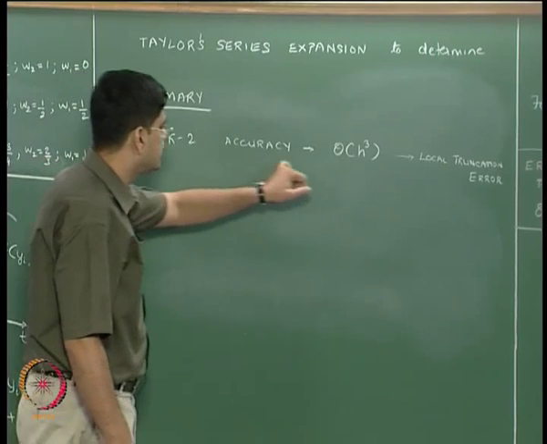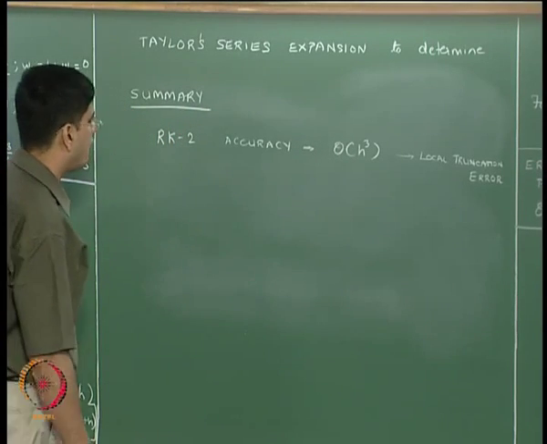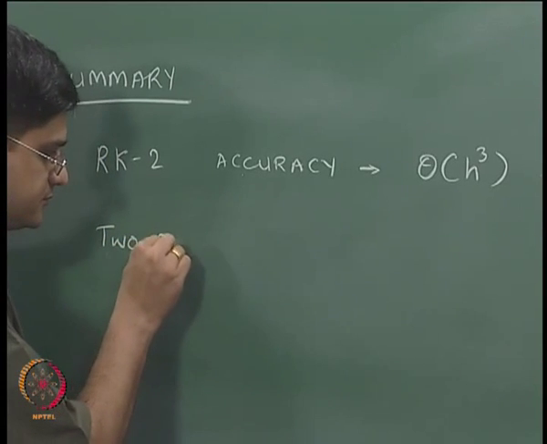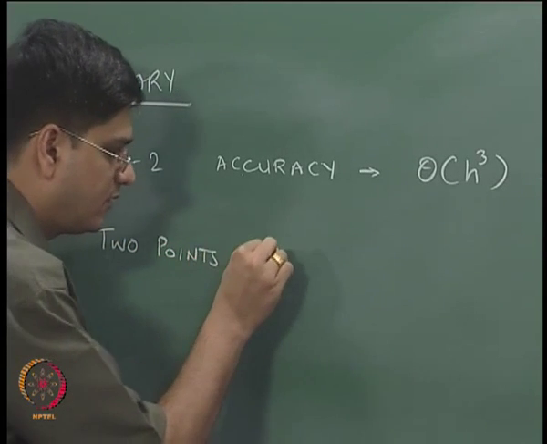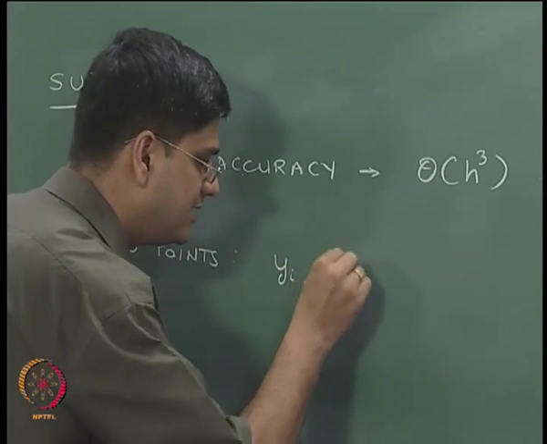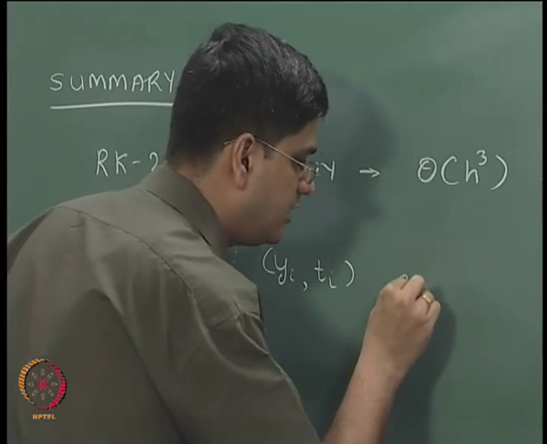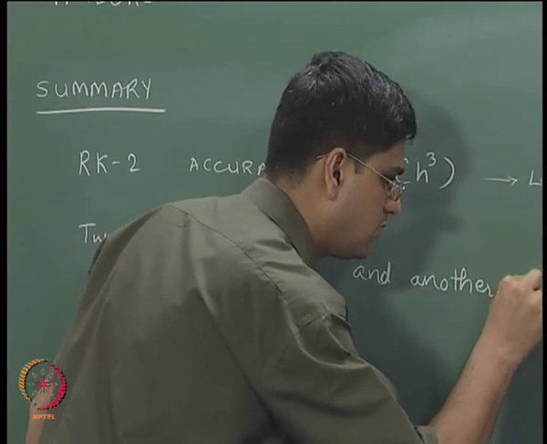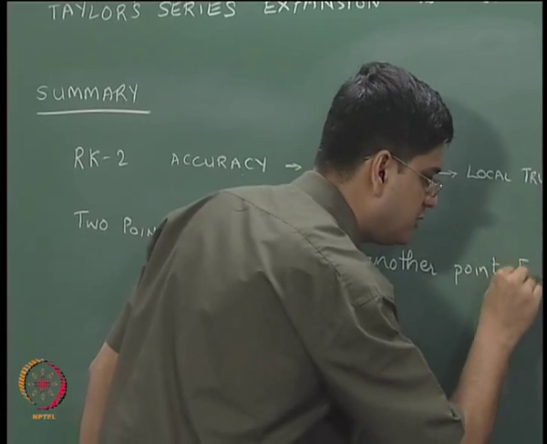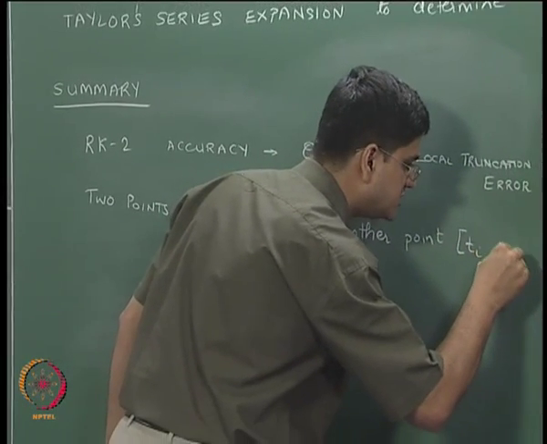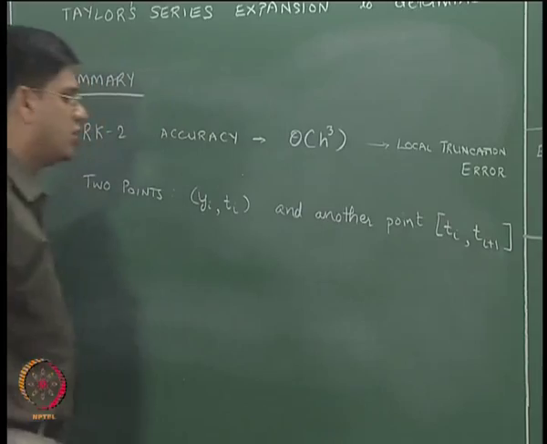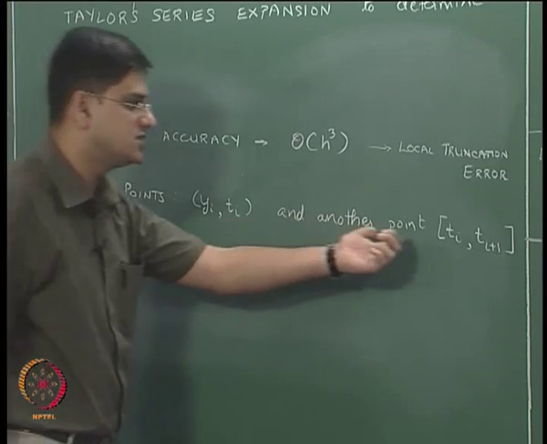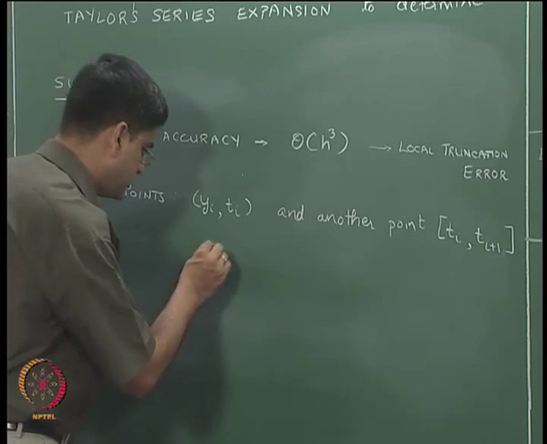So, the RK2, the accuracy is of order of h cube, it uses 2 points, yi comma ti and another point between ti and ti plus 1 in order to compute the slope. So, the slope is computed as the weighted average of the two slopes.